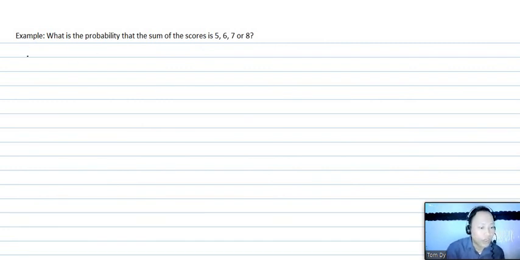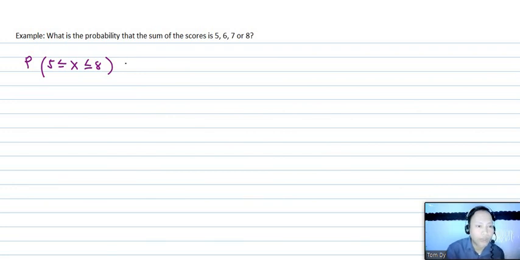So we will write our probability as P of 5, 6, 7, or 8. That means the sum of their scores is 5, 6, 7, 8. That means the probability when x is greater than or equal to 5 and less than or equal to 8.